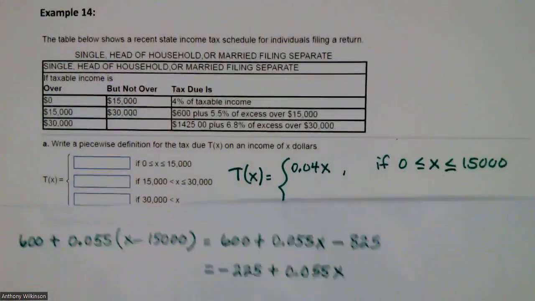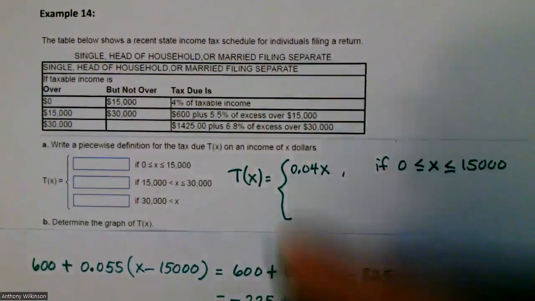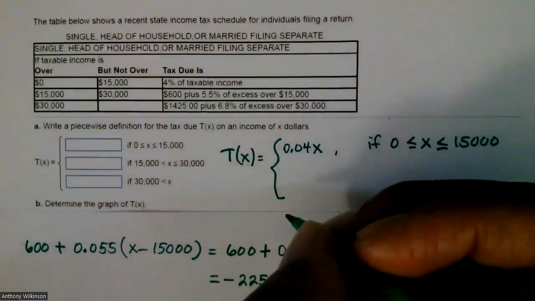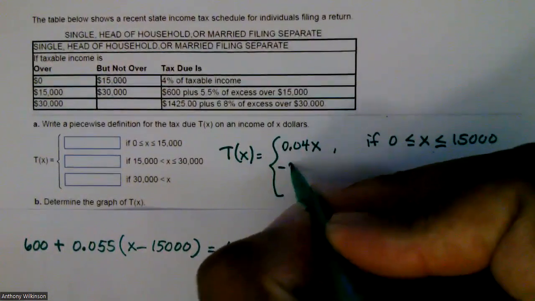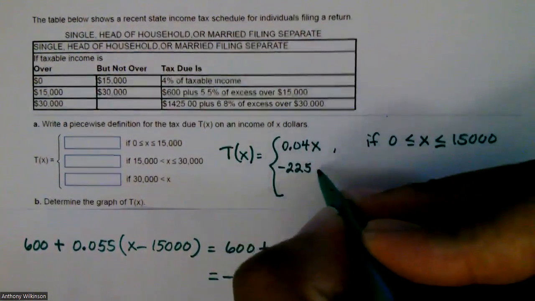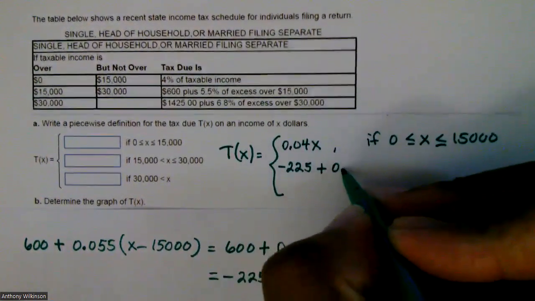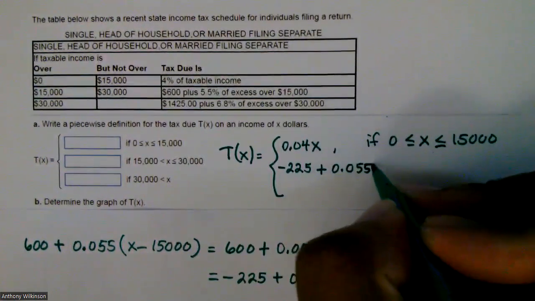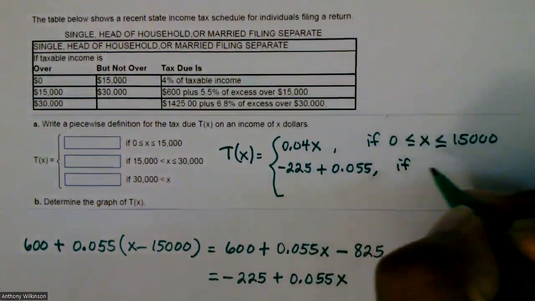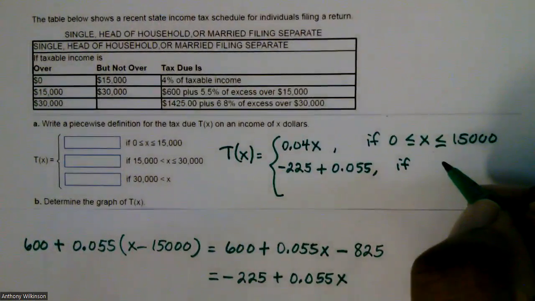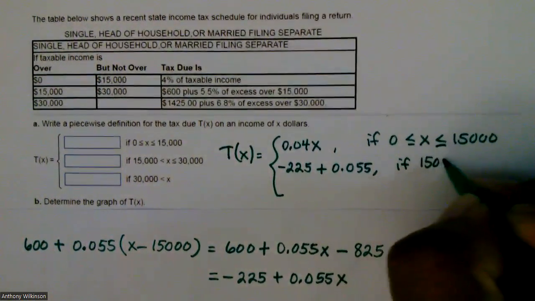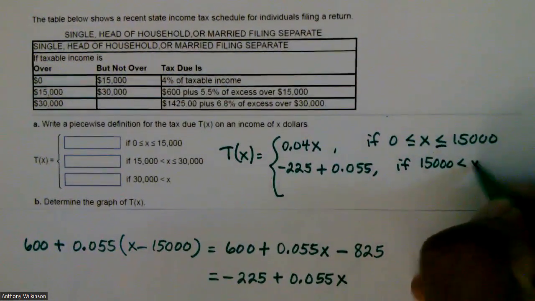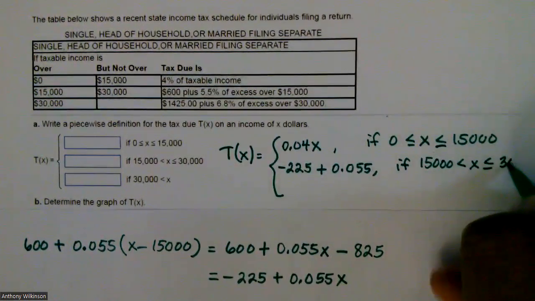So this expression here we will use for values that are over 15,000 but less than or equal to 30,000. So this will be negative 225 plus 0.055x. That's if, and of course they already give this to us, 15,000 is less than x, less than or equal to 30,000.